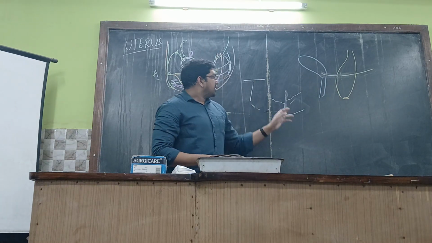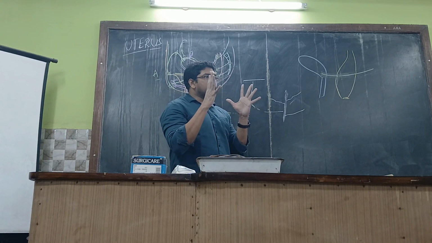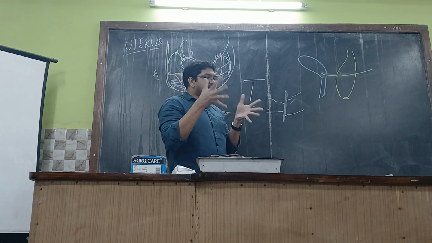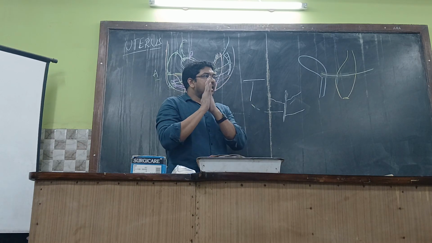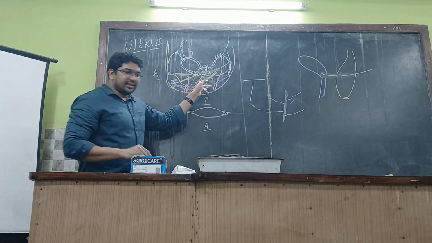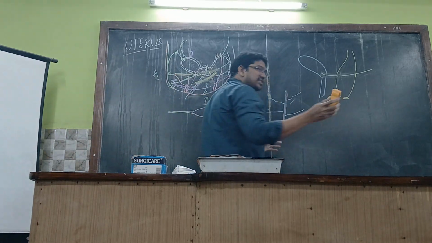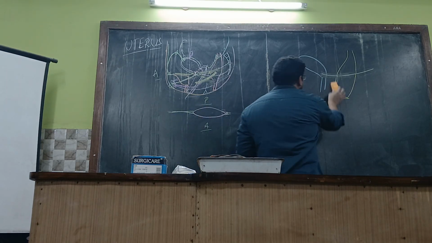These mucosal folds, if elevated on one side, are depressed on the other side. These will be fixed with each other, and the entire cervix and vagina will be closed. We'll finish it off, because this is important.